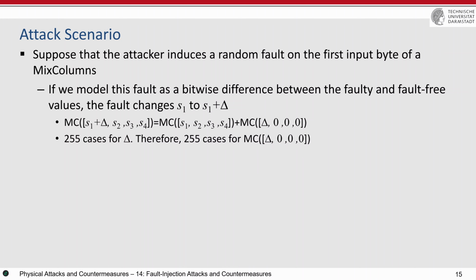And we know that there are 255 cases for the delta, again from 1 to 255, excluding 0. And then we have also 255 cases for this 32-bit value, because this is a column. This has a 32-bit value, but there are only 255 cases for this 32-bit value, not all 2 to the power of 32 cases. Then, most likely, all 4 bytes of the ciphertext will be faulty.